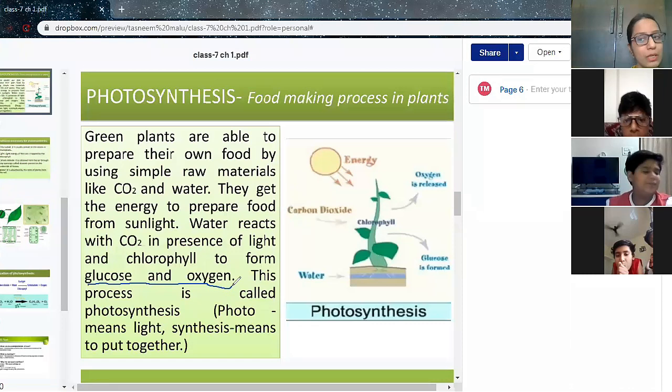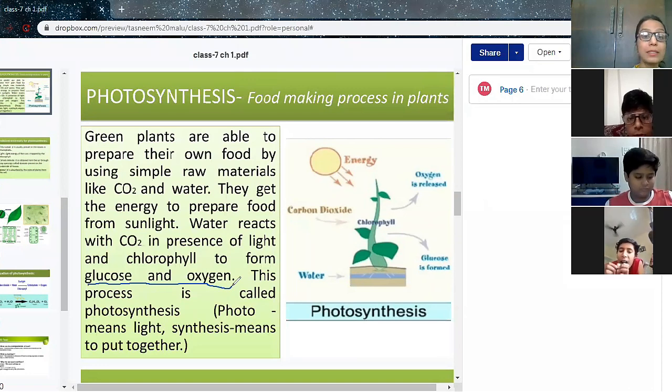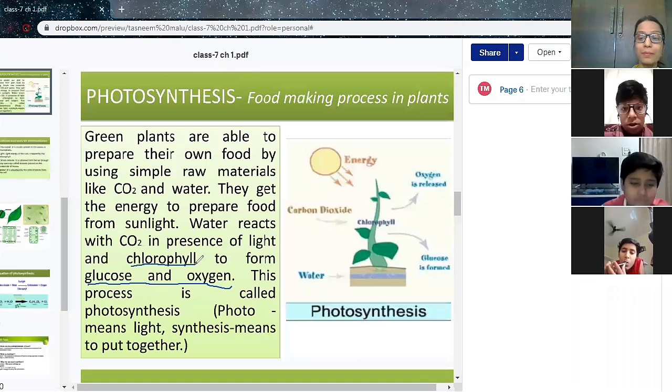Synthesis means to put together or to combine the different raw materials, and as this process takes place in presence of sunlight, it is known as photosynthesis. And why are only green plants capable of photosynthesis? Because green plants have a green pigment known as chlorophyll, and this chlorophyll has the capacity to trap sunlight. That is why only green plants can undergo photosynthesis.